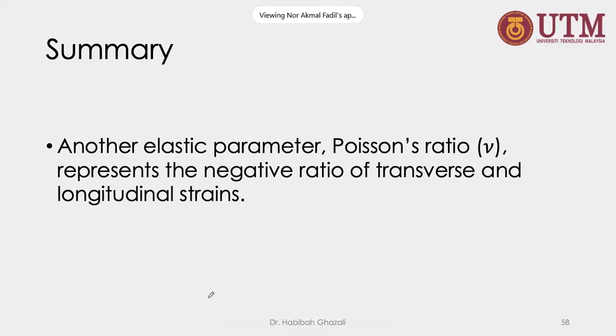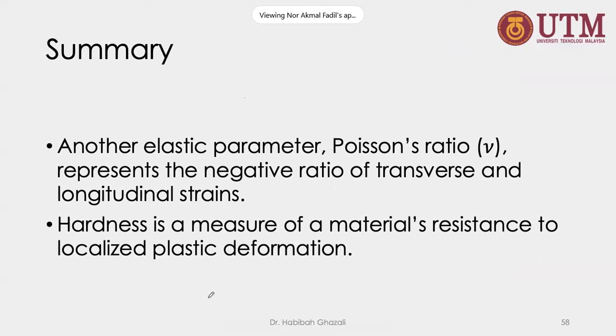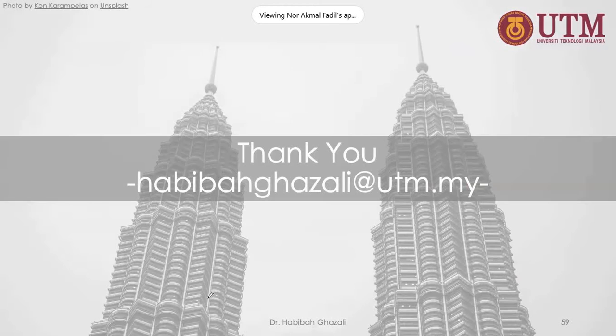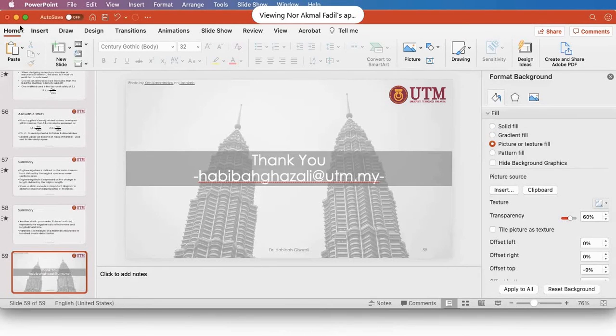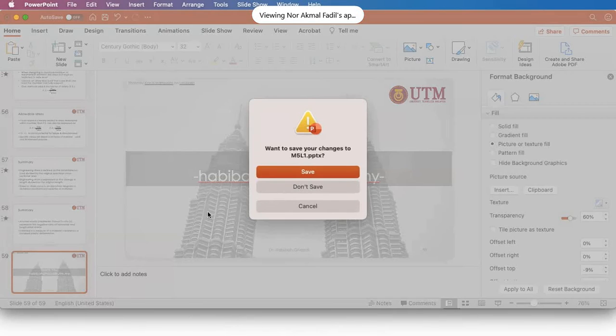Another elastic parameter, we call it Poisson's ratio, represents the negative ratio of transverse and longitudinal strain. Hardness is a measure of a material's resistance to localized plastic deformation. Okay, moving on to the next lesson.